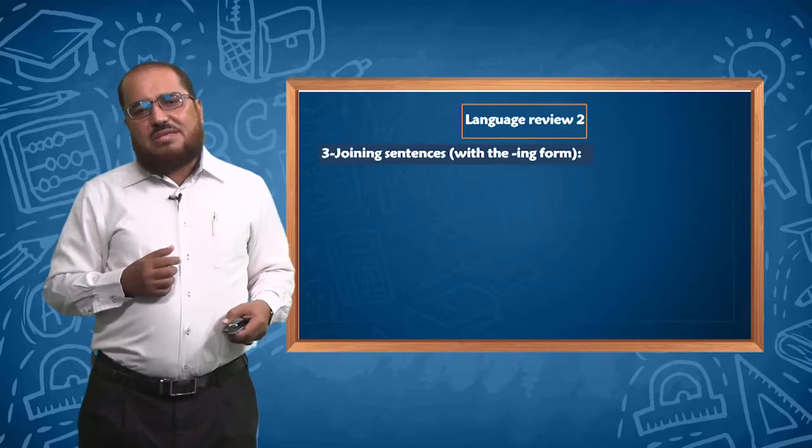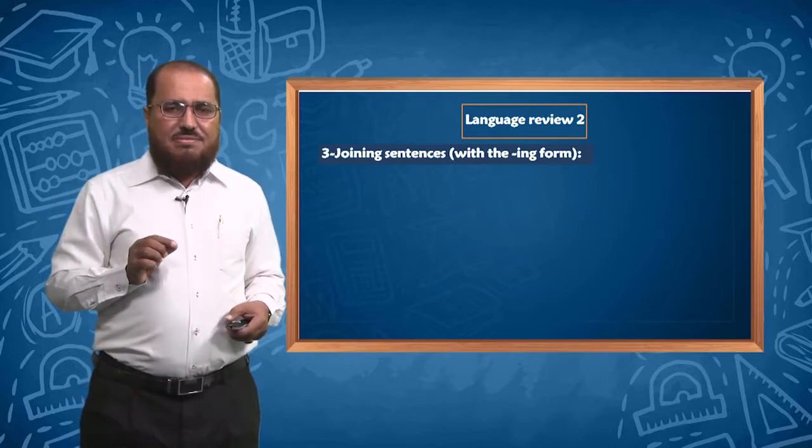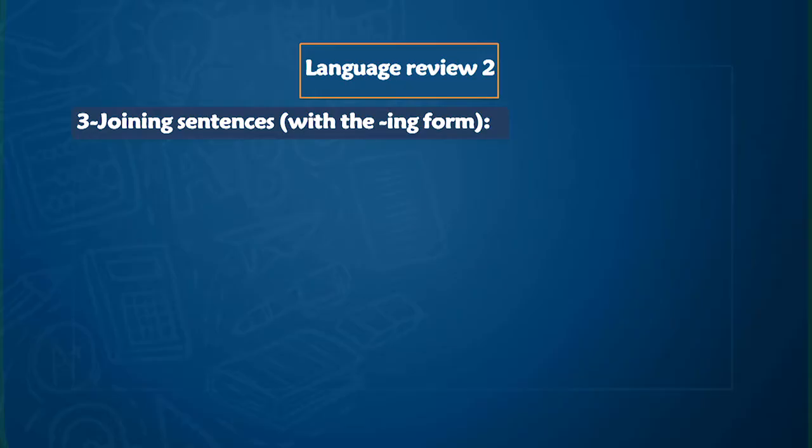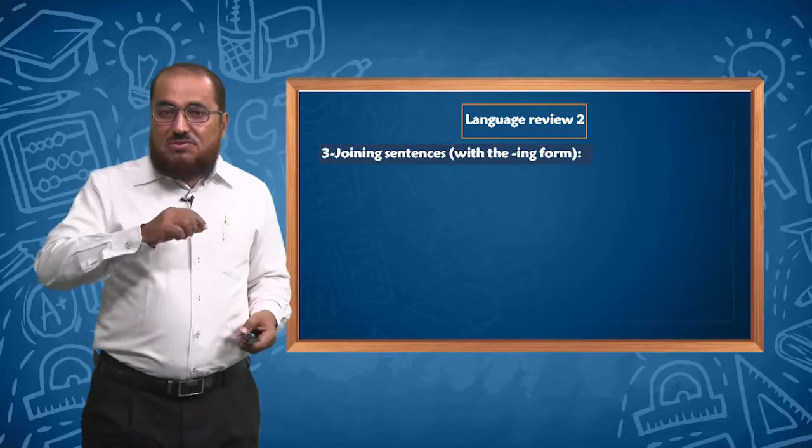Look, the last point here of this language review 2 is joining sentences with the ing form. Join, that means to link sentences with the ing form. How is that when we use this style? Is it a matter of description? It's not exactly a description, but it is a matter of writing here.